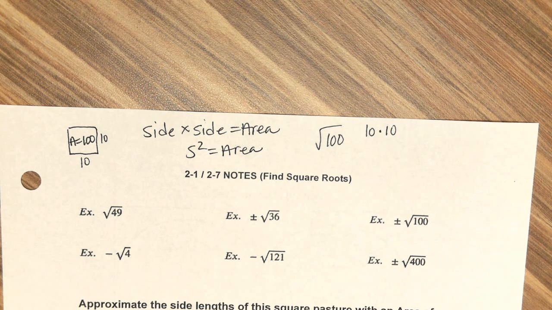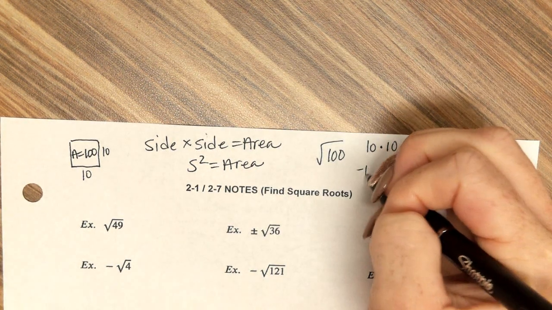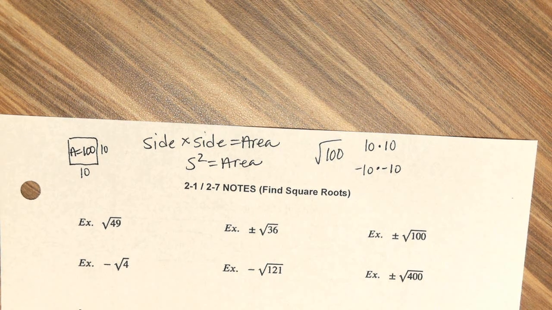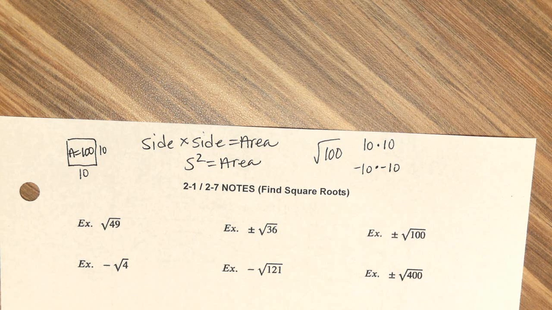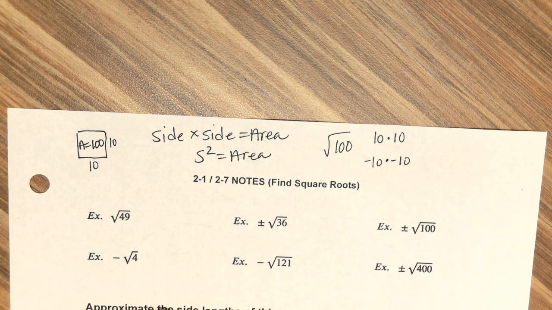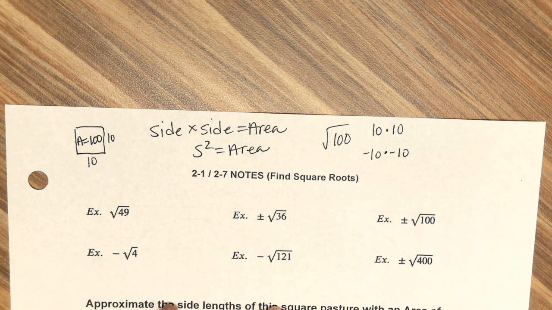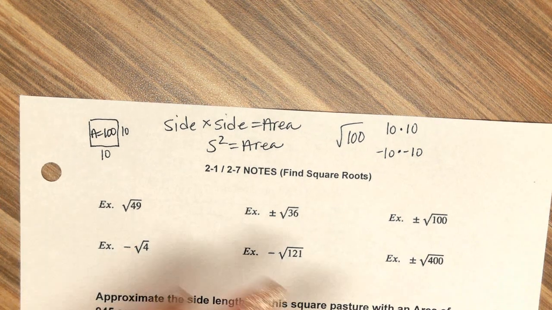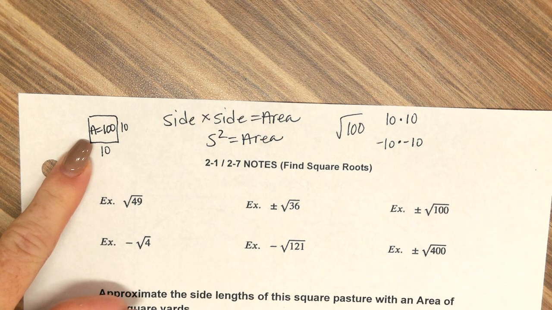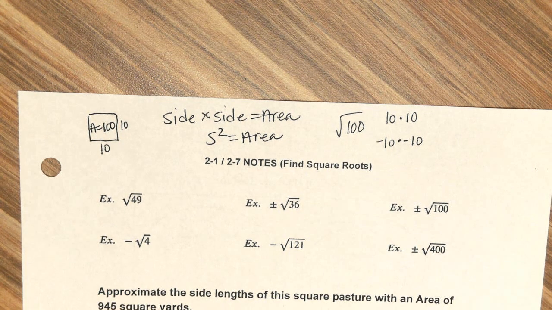What is it? Negative 10 times negative 10 is also positive 100, but your calculator is only going to give you the positive answer. Okay? You need to understand that the square root of a number has two answers. Now, if I was asking this question, would you tell me negative 10? No, because a measurement can't be negative. So you would obviously say positive 10.